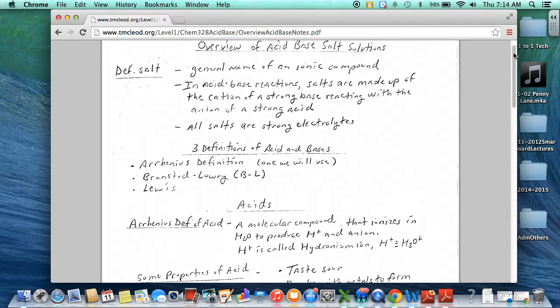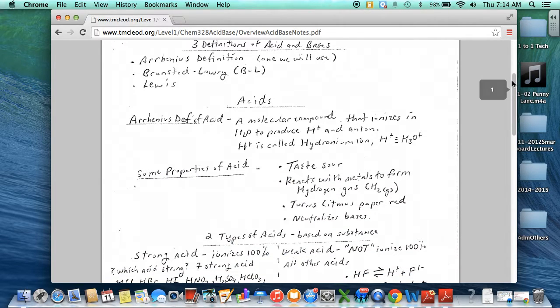This is a little bit more complicated. The first thing is that there are three definitions of acids and bases: Arrhenius, Bronsted-Lowry, and Lewis. Each one is more encompassing as we go along, meaning more substances are described as a Lewis acid and base compared to an Arrhenius acid and base.